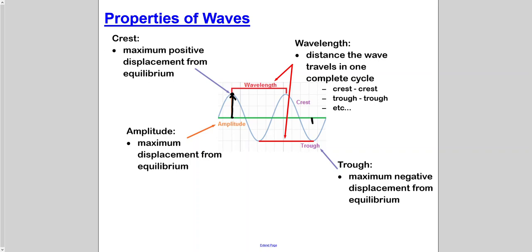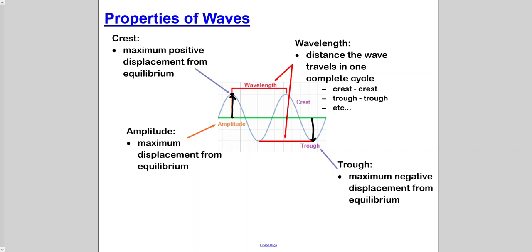The term for the maximum displacement below equilibrium is the trough. So crest and trough are just locations on the wave that describe the maximum positive and negative amplitude.